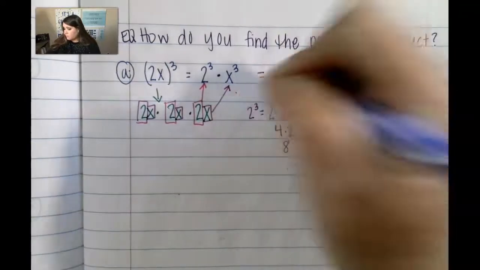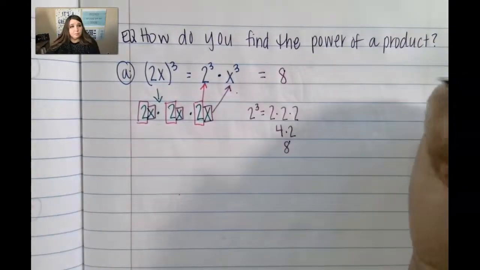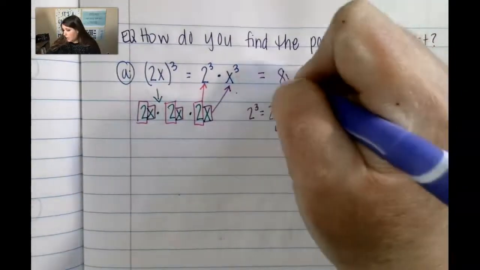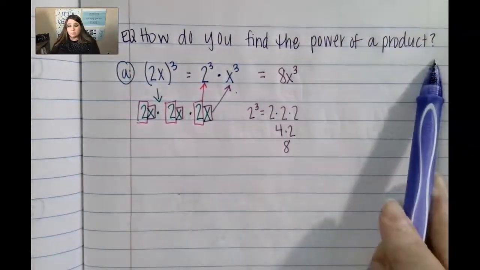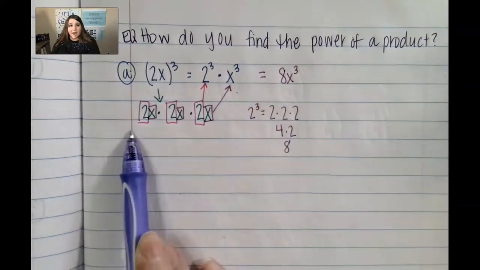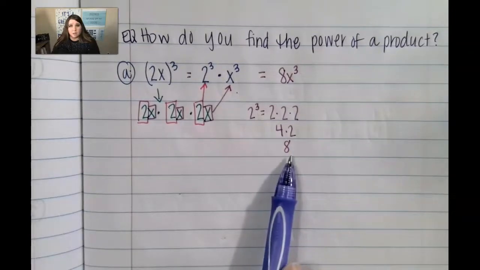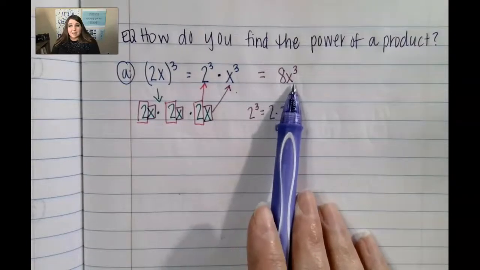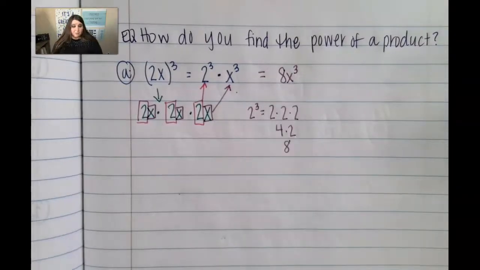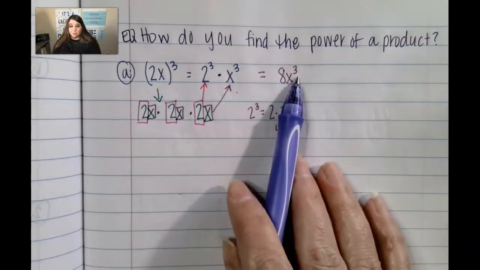So if we simplify this even further, this problem is 8 times x to the third power. So when you find the power of a product, you are seeing how far you can simplify this down by using multiplication. We cannot simplify this x any further because the x doesn't have a value. Because we don't know the value of x, it just is written as x to the third.